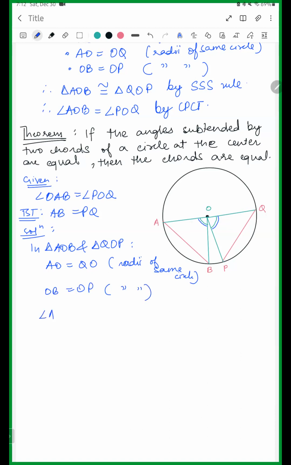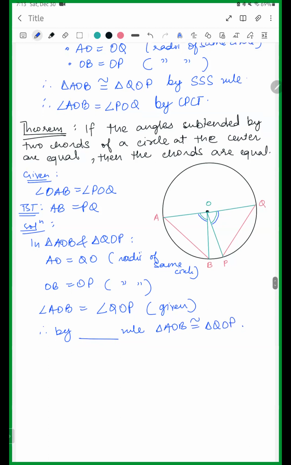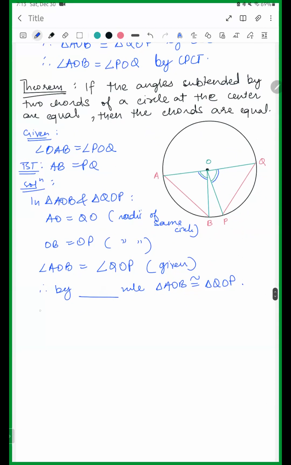And angle AOB is equal to angle QOP. Reason given. Therefore, by dash rule, triangle AOB is congruent to triangle QOP. By which rule? SAS. Very good. So by SAS rule, these two are congruent. Therefore, AB is equal to PQ by CPCT. And we're done.